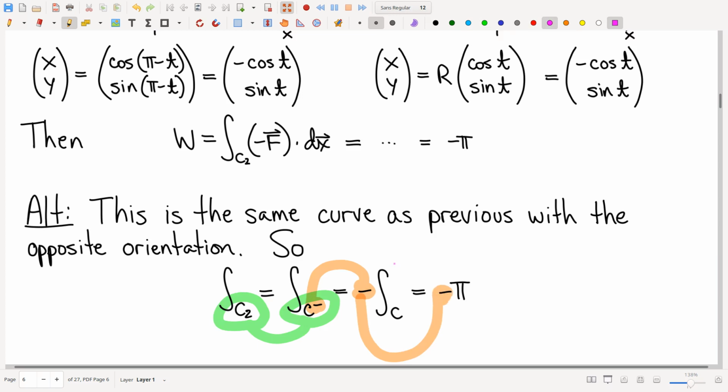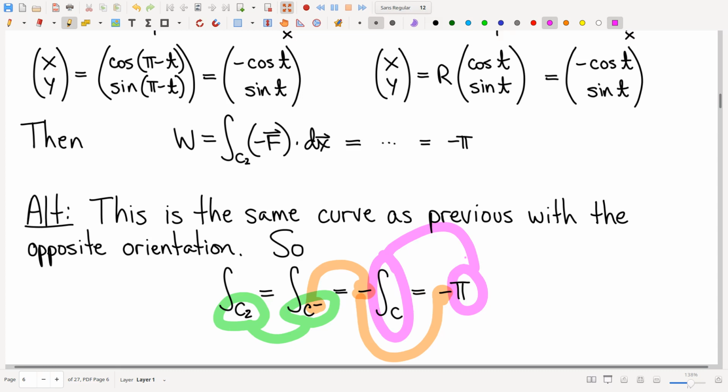And the original curve that this is the opposite orientation of, we've already computed that work. The amount of work that it takes to move along our original curve C, yeah, we've done all that algebra. The answer was pi. So if you're going the opposite direction, you're just going to get the opposite answer. So boom, minus pi, answer, done. Don't have to reparameterize anything. It's a pretty slick move. Is everybody happy?